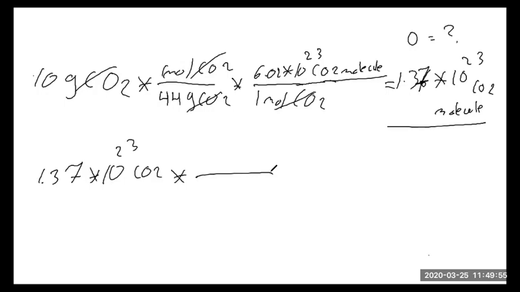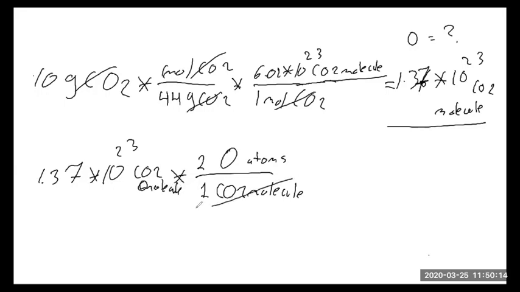We have 2. So we will have 2 oxygen atom in one CO2 molecule.